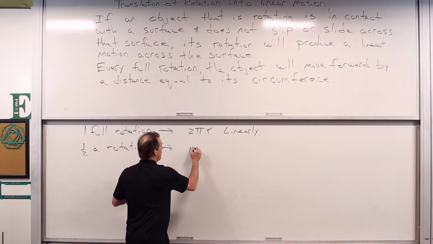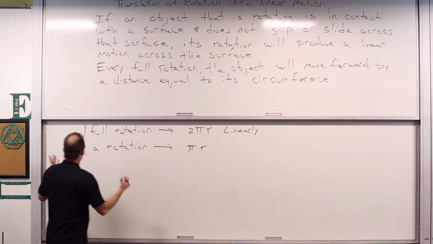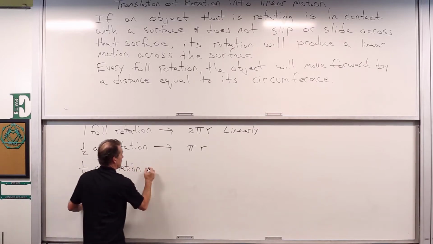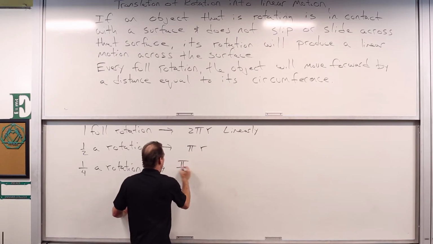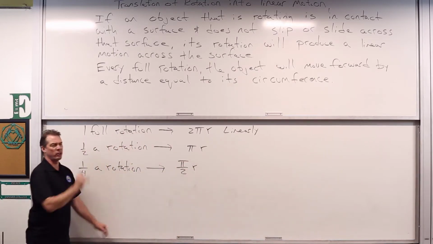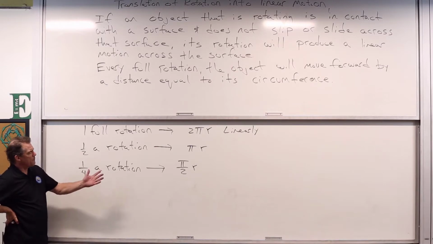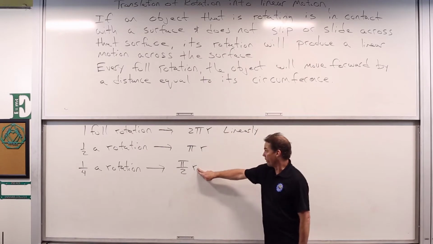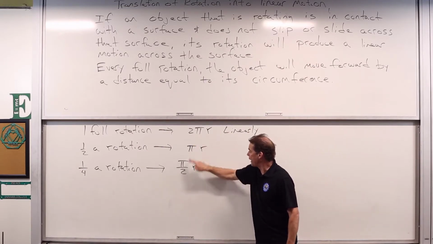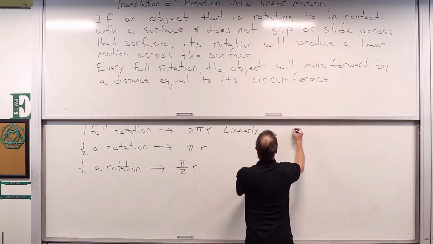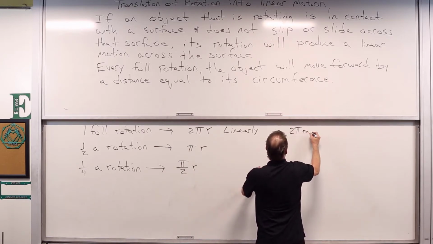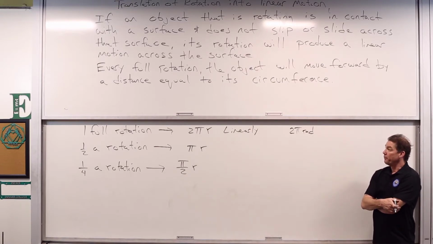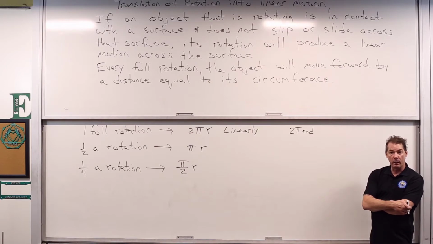Which is just going to be equal to pi times r. A quarter of a rotation, well, that's going to go to pi over 2 times r. And we could keep on going with this. What I want to really make the connection with here is it all depends on the radius, linearly, and it depends on this quantity here. Well, note that 2 pi radians, what is that? That's the angular measurement of one full rotation.